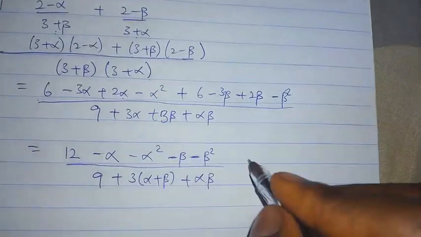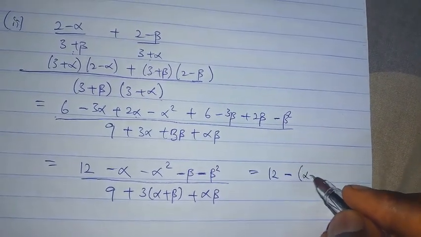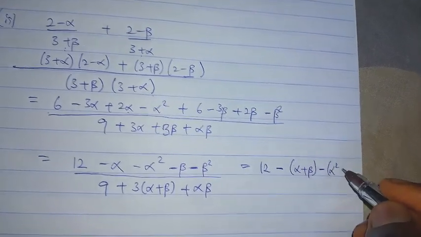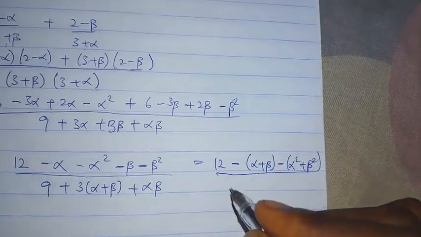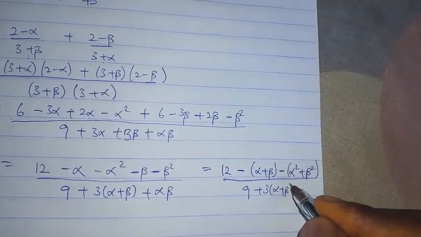This is the same thing as 12 minus alpha plus beta, minus alpha squared plus beta squared, all over 9 plus 3 into alpha plus beta plus alpha beta.